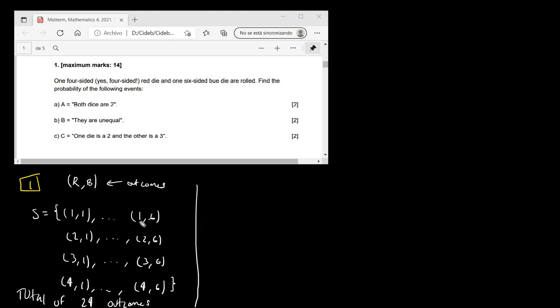Okay, and I begin solving each of these questions. The probability of A: what is the event A? Both dice are 2.